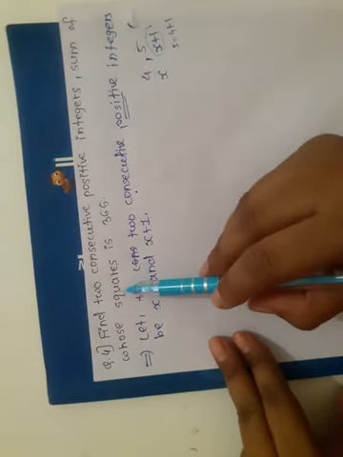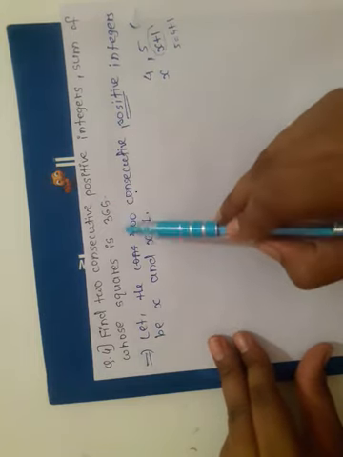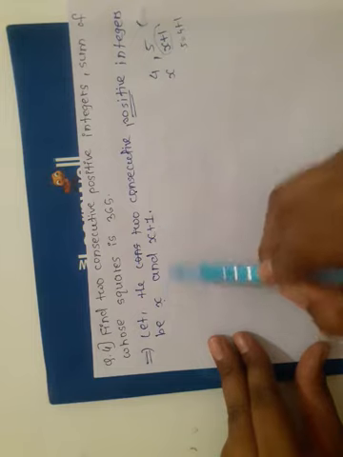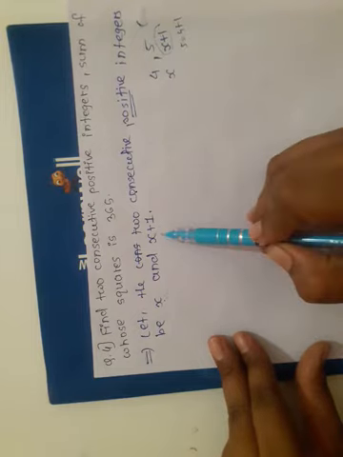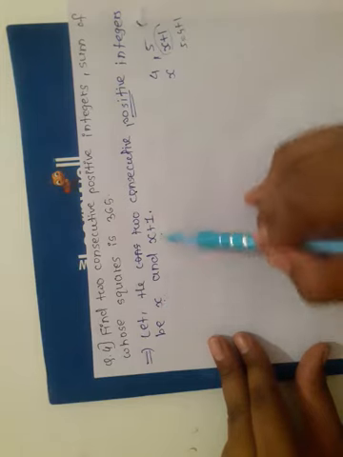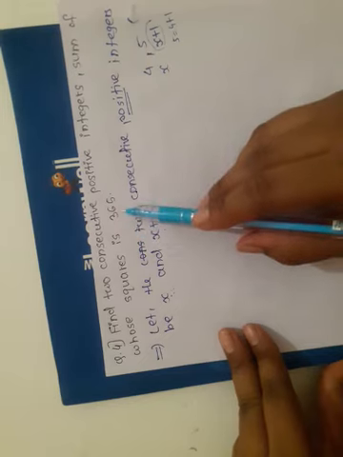So what is given in the condition? Find two consecutive positive integers, sum of whose square is 365. It means we have to square these two consecutive integers separately and take the sum, and the sum of the squares is 365.